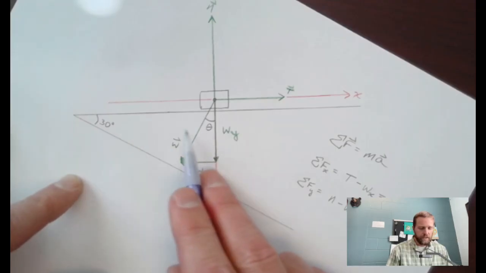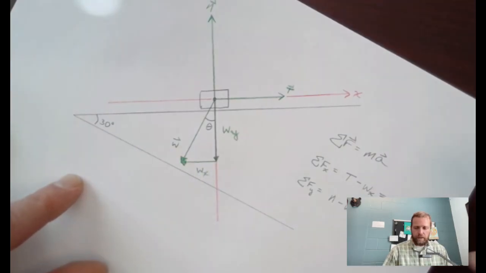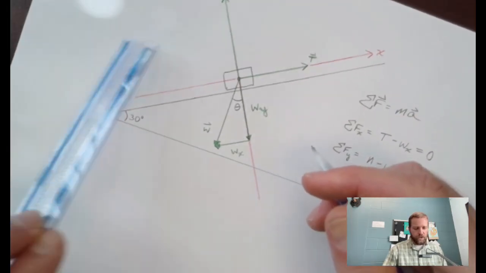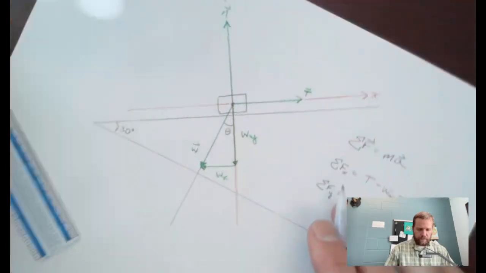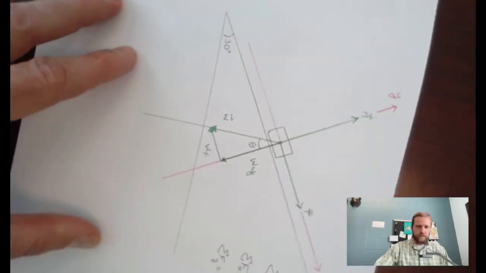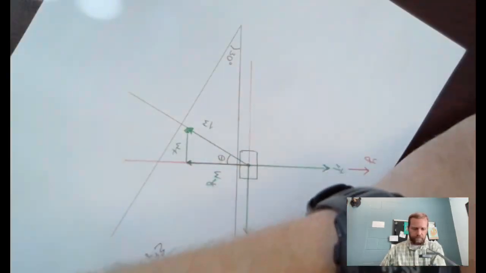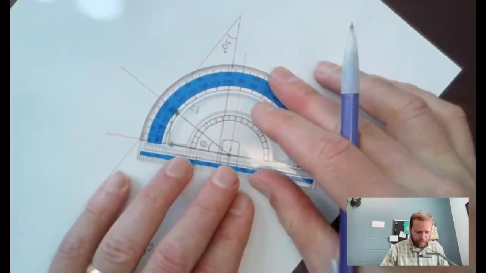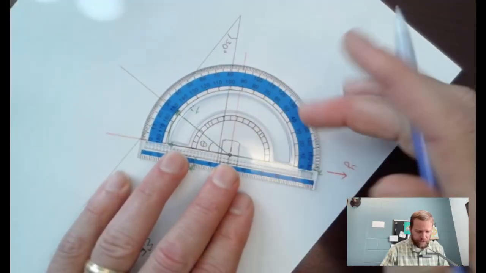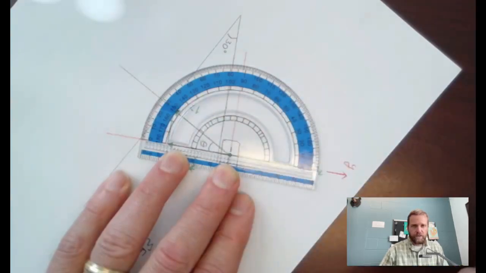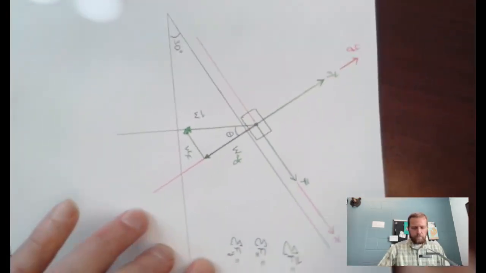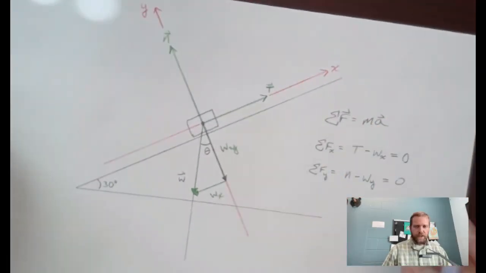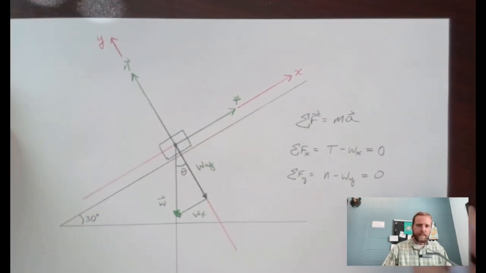This is 30 degrees, that's 30 degrees. But since we made a nice drawing, we can extend this out and measure this angle. Let's measure it. And if I get my protractor on here, I can measure it, and indeed it is 30 degrees. All right, so a nice drawing, again, really helps.